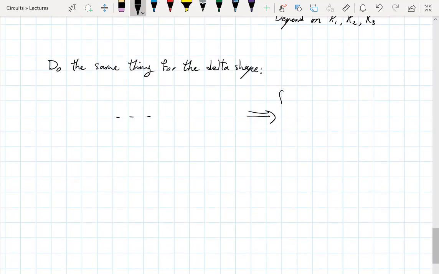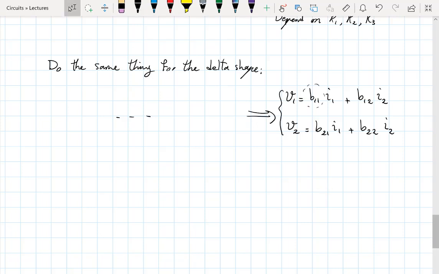So let's call that V1 equals, in this case, B11 I1 plus B12 I2, and V2 equals B21 I1 plus B22 I2.